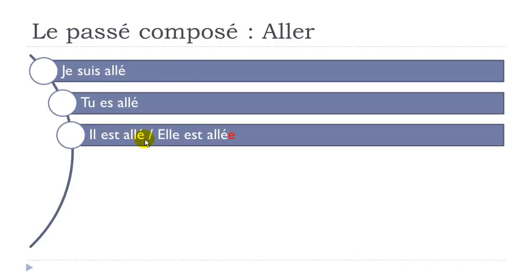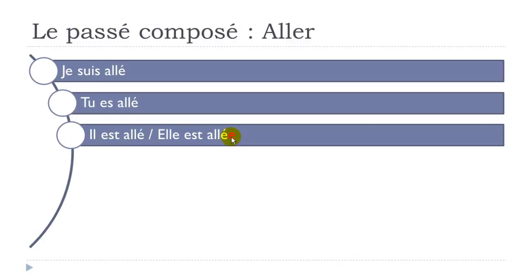Il est allé. You've got this little liaison between the two. Feminine form: elle est allée. Okay, so have a look here. If you don't know that already, then I would advise you to check the lesson on the passé composé that we did previously.